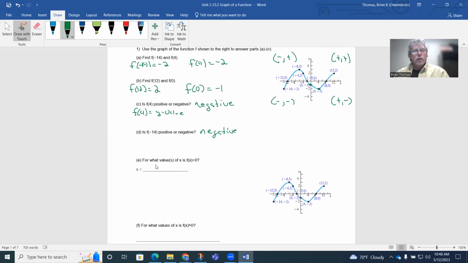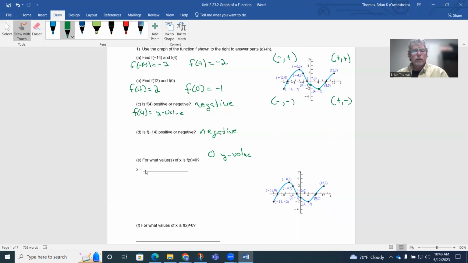So E: for what values of x is f of x equal to 0? Notice how the 0 actually represents our y value. We're now kind of going backwards, and we're trying to find the x value. So where the y value is 0, notice that there's actually two spots where the y value is 0.